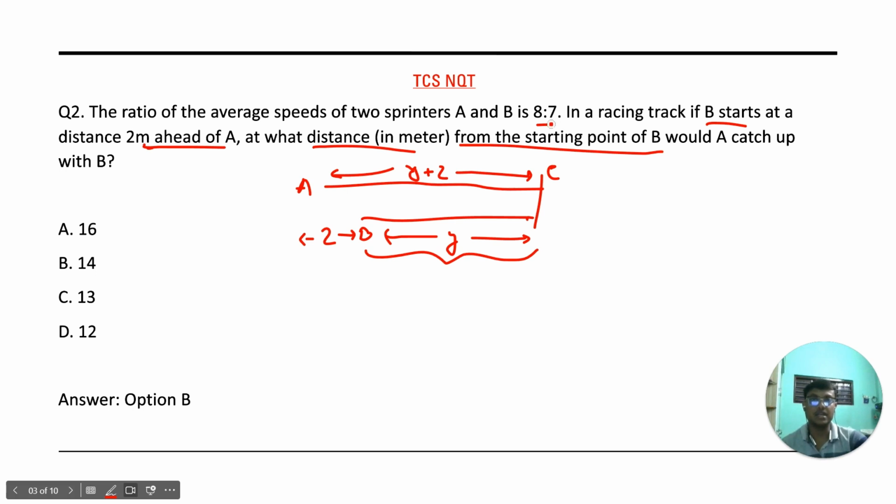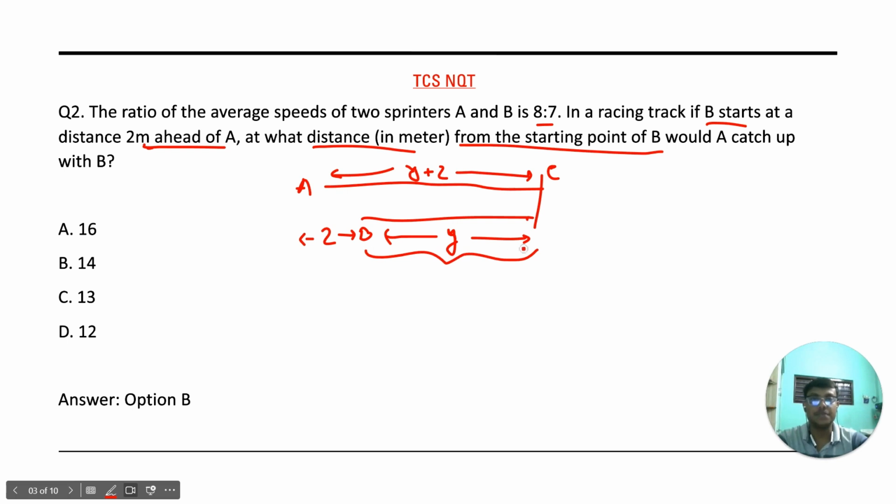So we have been given the ratio of their speeds and the gap with which they start. Here is a catch: while taking this y value, we could have also taken A to C as y. Then in that case, B to C would have been y minus 2.